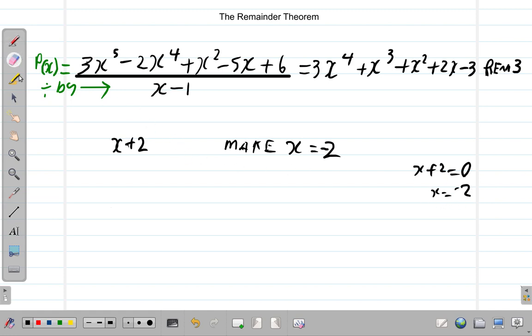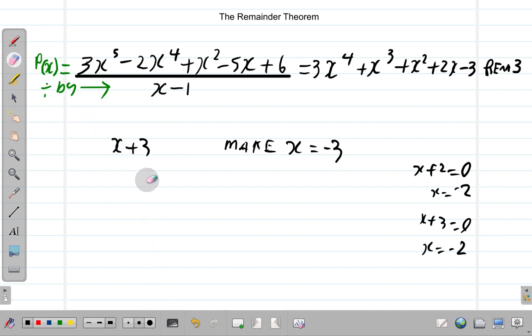Alright? If you're given a polynomial and you're asked to use the remainder theorem to find out what the remainder is when the polynomial is divided by x plus 3, you say when x plus 3 equals 0, then x is negative 3. So you make x equal negative 3 and you put negative 3 there for x.